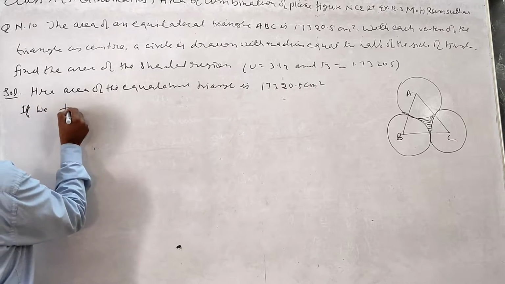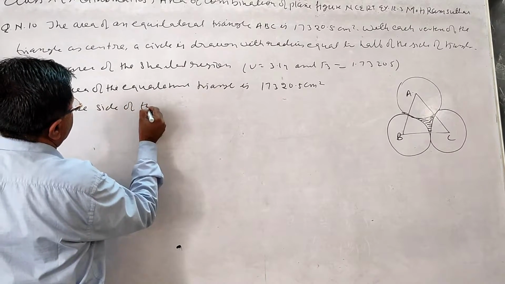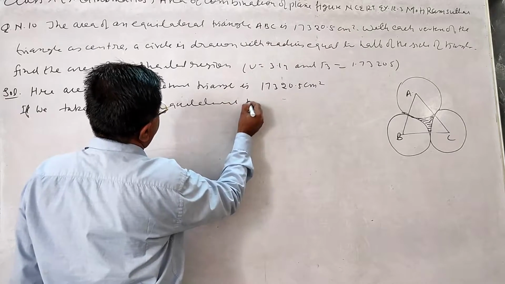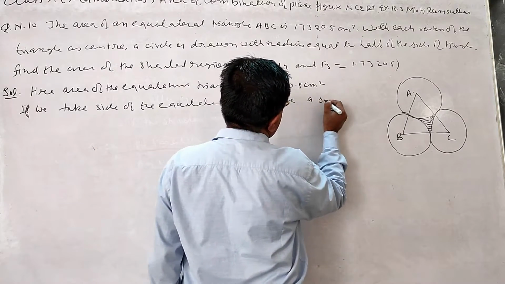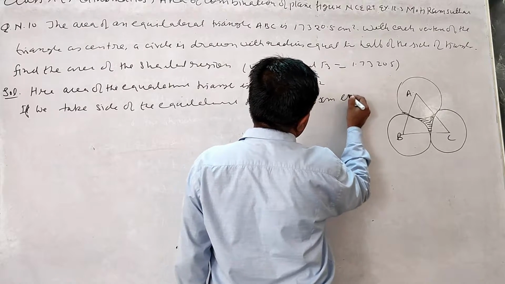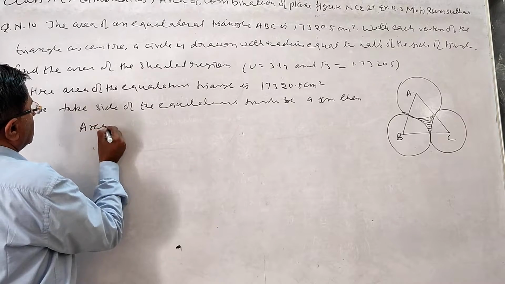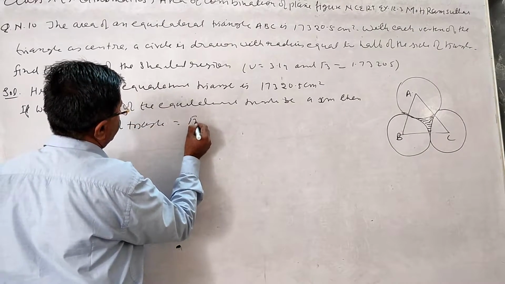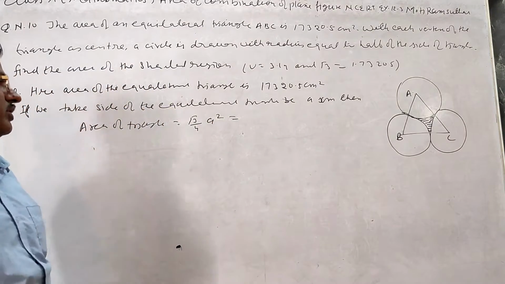If we take the side of the equilateral triangle be a centimeter, then we know the equilateral triangle formula: area of triangle is √3/4 a square.